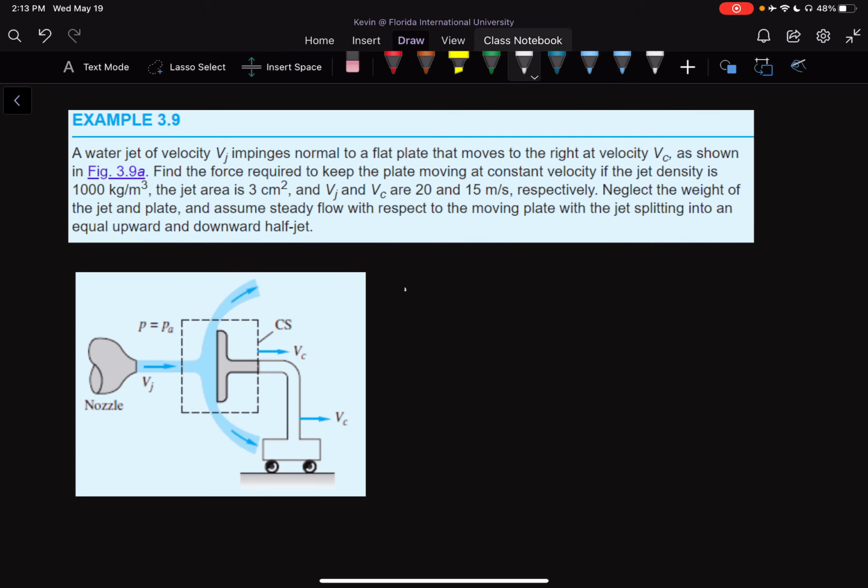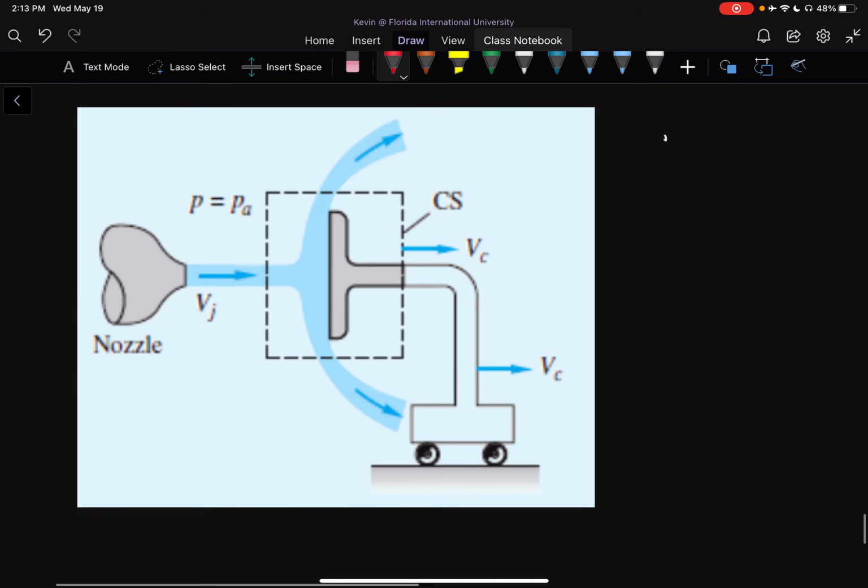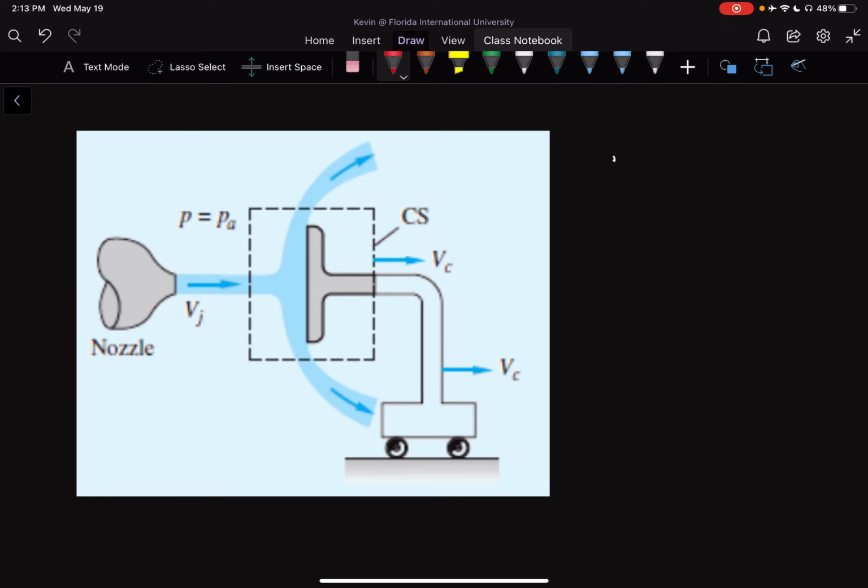Just to zoom into this for a second, the first statement that was made is that Vc is equal to 15 meters per second. So we know that the velocity of C is 15 meters per second.